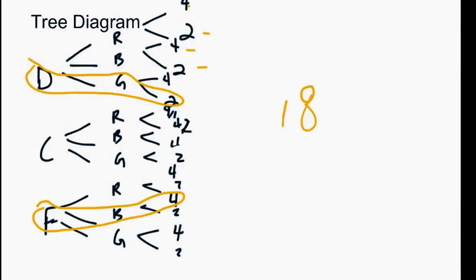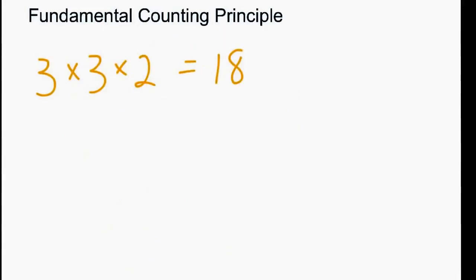If we go back to the tree diagram, you can see we get the exact same thing. If we multiply all those together, that'll give you the exact same total. So for the fundamental counting principle, you basically just multiply the number of choices all the way through the process.